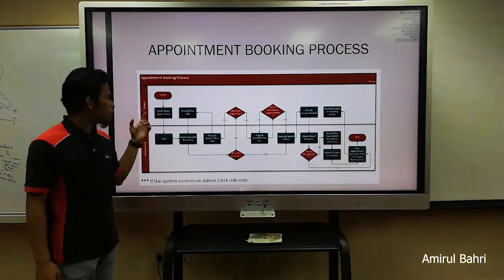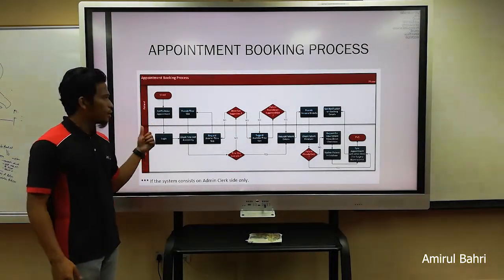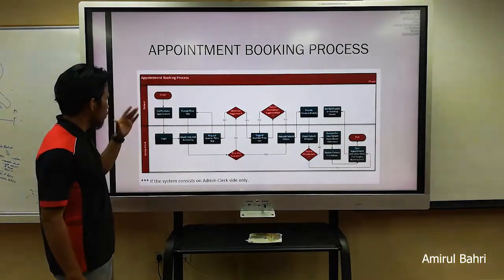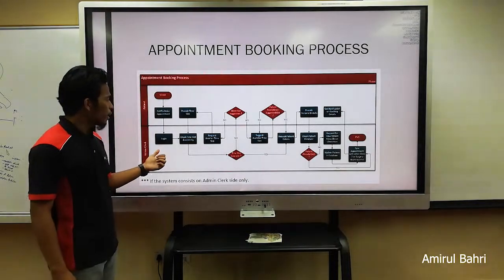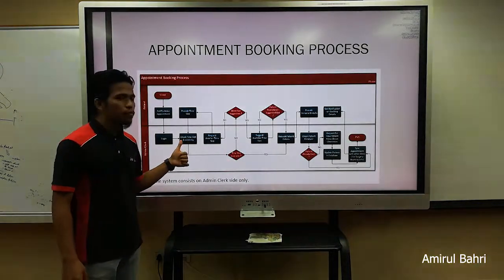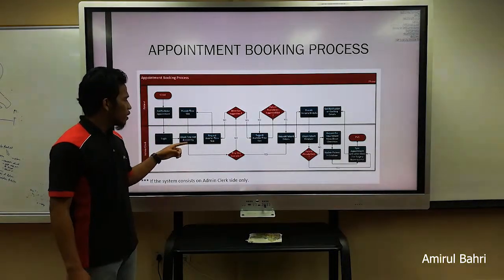First, start with the patient, and then the patient will call to make an appointment. From here, it goes to the admin clerk. The admin clerk will log into the system, and then check the time slot availability.